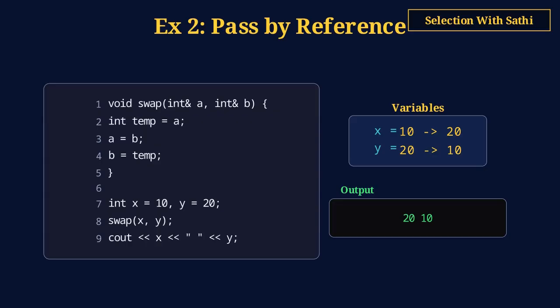Key differences: a reference cannot be null and cannot be reassigned, it's simpler and safer. A pointer can be null, can be reassigned, and requires explicit dereferencing, it's more flexible. Use references when you can, pointers when you must.